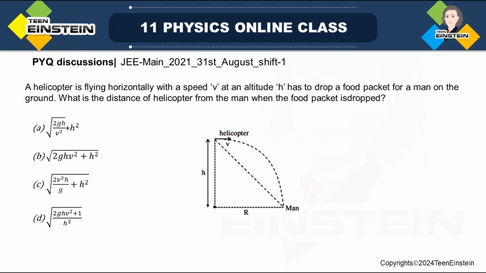Okay, this is also a very interesting problem from projectile motion. So the question says a helicopter is flying horizontally with speed v at an altitude, that means height h, and has to drop a food packet for a man on the ground.